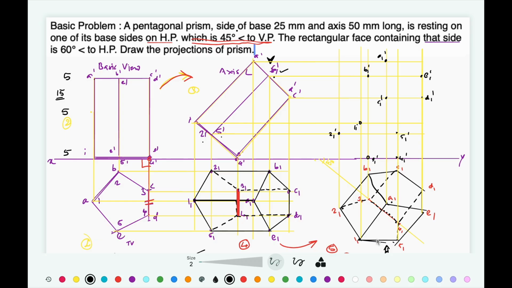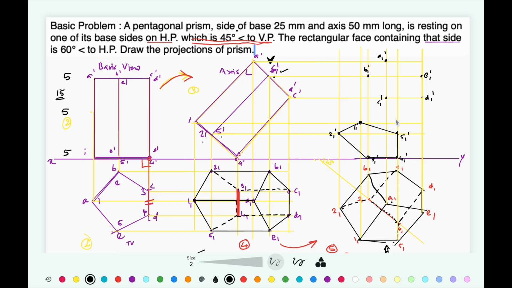So near one visible, away from observer, some portion is going to be invisible. So this 1 2 3 4 5 is visible, so this is 1 2, this is 2 3, this is 3 4, this is 4 5, and this is 5 1. So that pentagon we have drawn with visible lines.